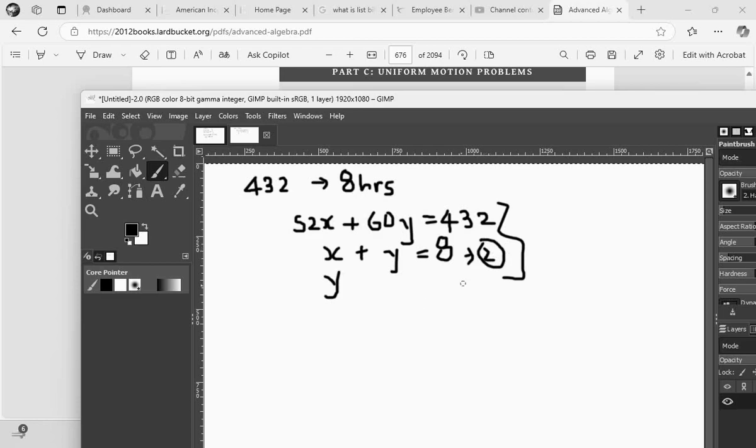Let's say this is equation number 2. So y equals 8 minus x. You will sub in this value for y in equation 1.